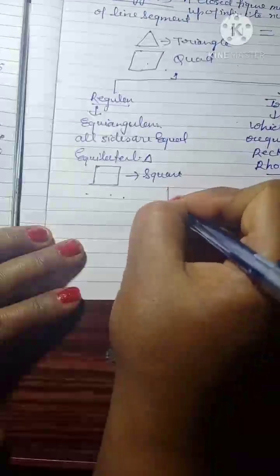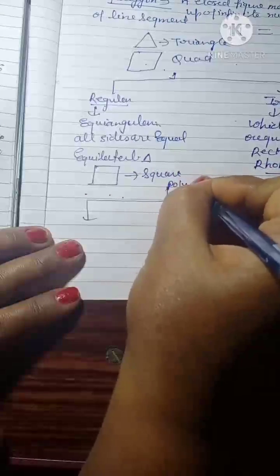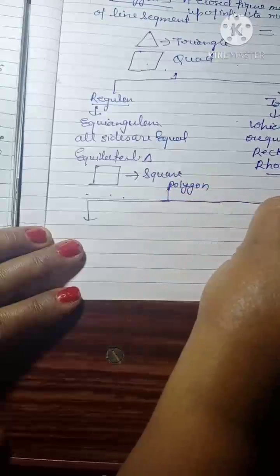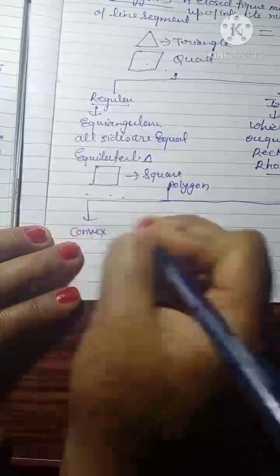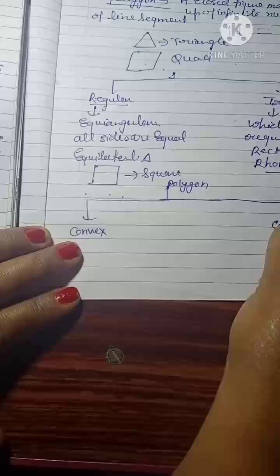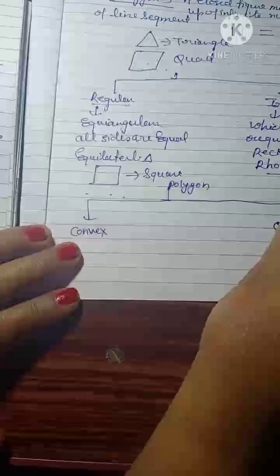Polygons can be classified in two categories, regular and irregular, or in another way also they can be classified. Polygons are of two types: convex polygon and then concave.